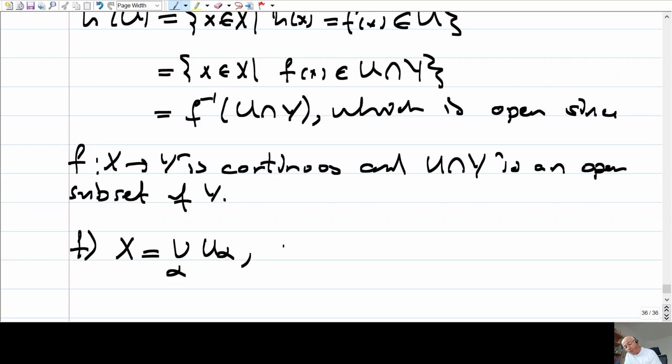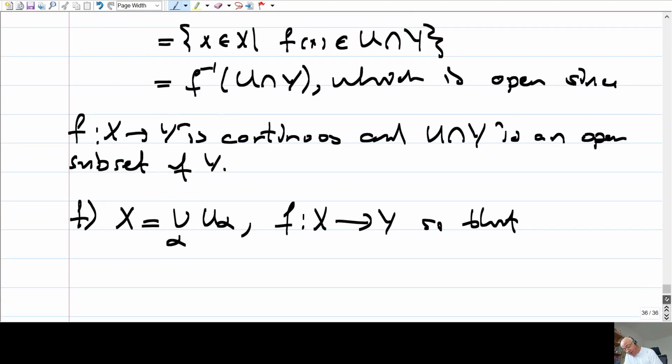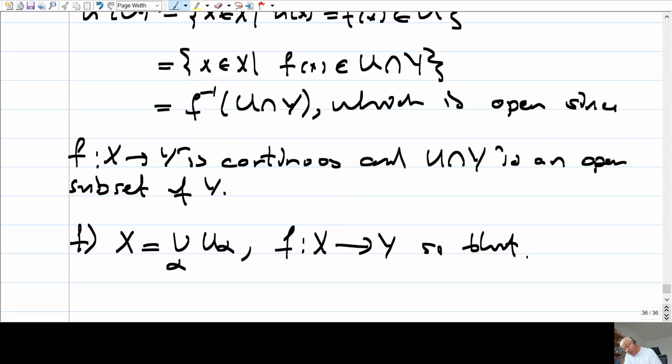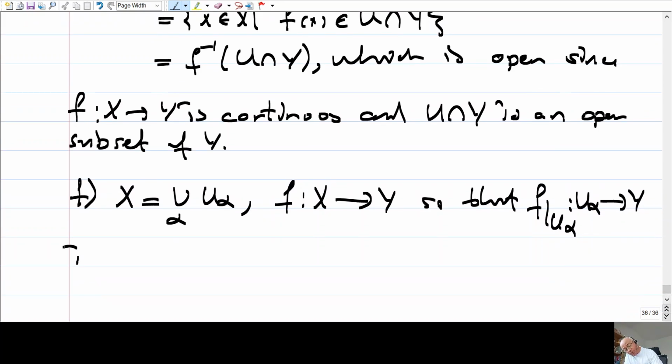And I have a function from x to y, so that the restriction of f to each u alpha, from u alpha into y, is continuous for each alpha, for all alpha.